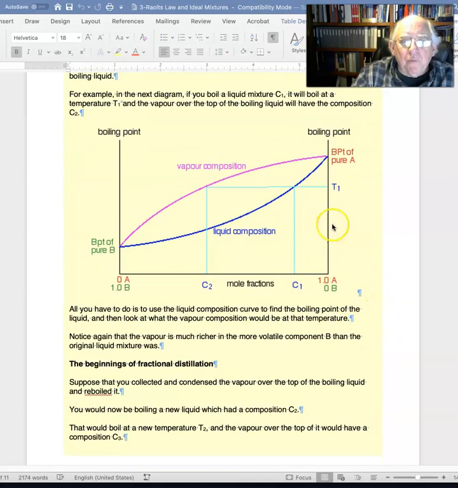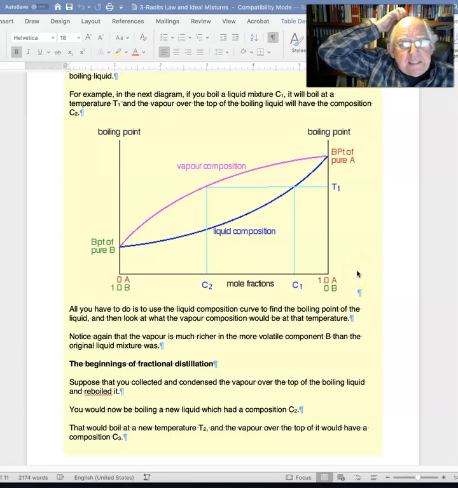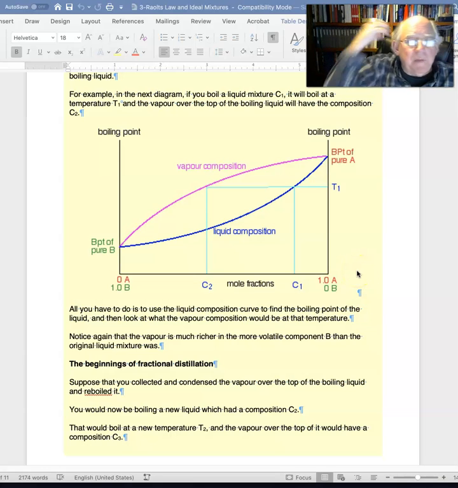We start off with a mixture of water and ethanol, and that mixture might only be 15% ethanol. And so it might be way down here as 15% ethanol and 85% water.